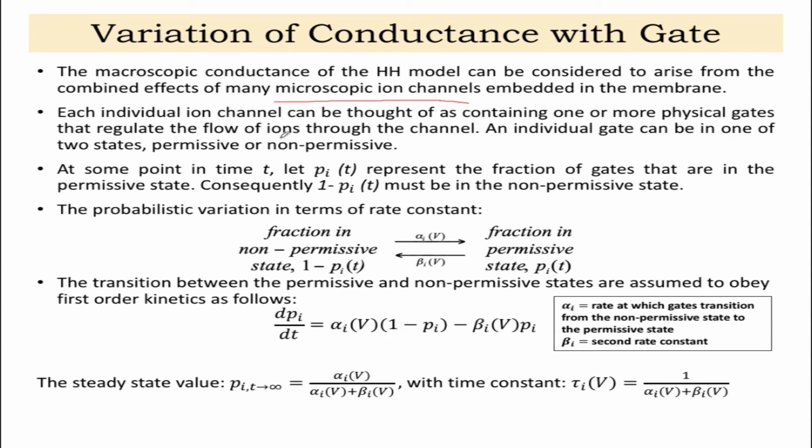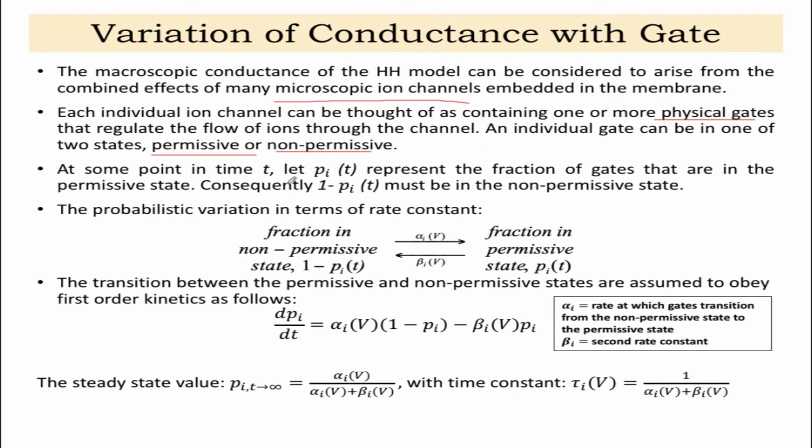Each individual ion channel can be thought of as containing one or more physical gates that regulate the flow of ions through the channel. An individual gate can be in one of two states, permissive or non-permissive. So it will either allow the ion to move inside the neuron, or it will not allow.